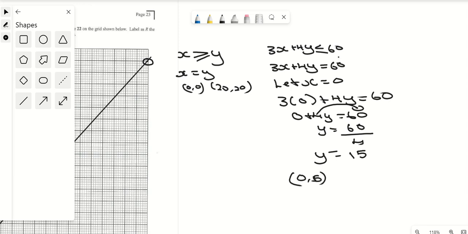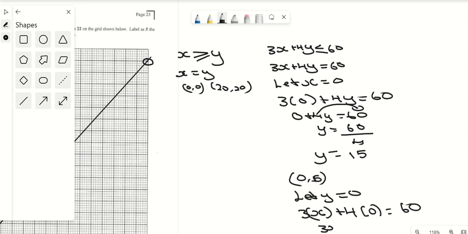And then you're going to say let y be equal to 0, right? And let me put this underneath. So let y be equal to 0. That would be 3x plus 4 times 0 is equal to 60.